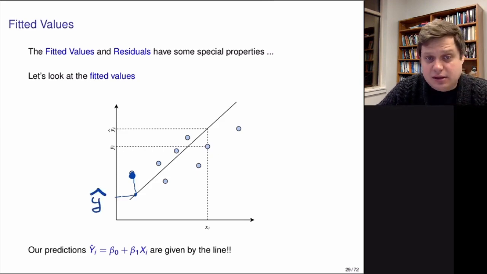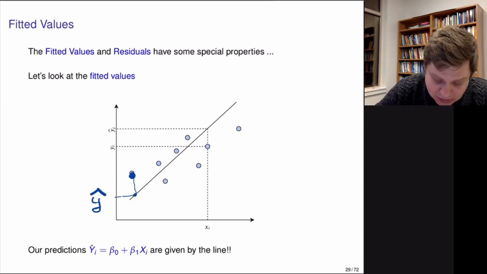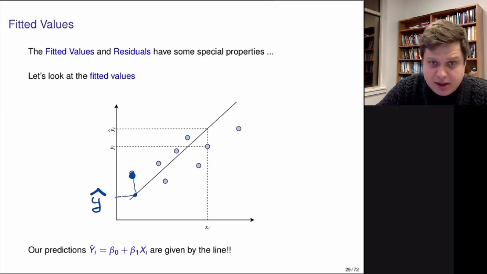The hat tells us that it is the point on the line, and it's basically the prediction that corresponds to this x. And so we did it graphically here, but the way you do it analytically, you just take your x and plug it into the linear equation, and you get the value y hat, which is just the value that sits on this line. That's our predicted value.